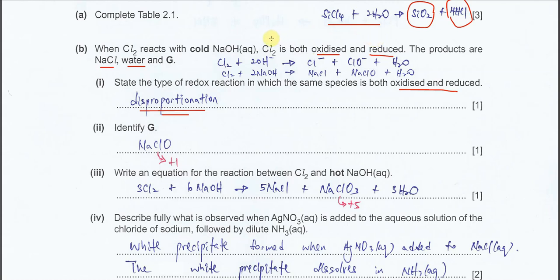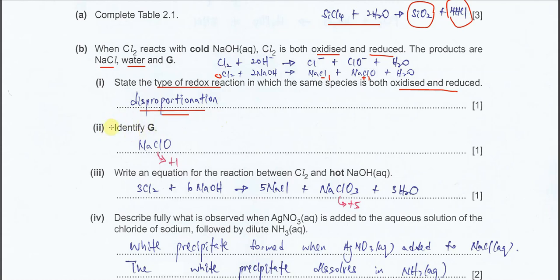So it's from 0, for example, to -1, and this one is +1. So the chlorine is the element that is being reduced and oxidized. And the type of redox reaction, we call this disproportionation.